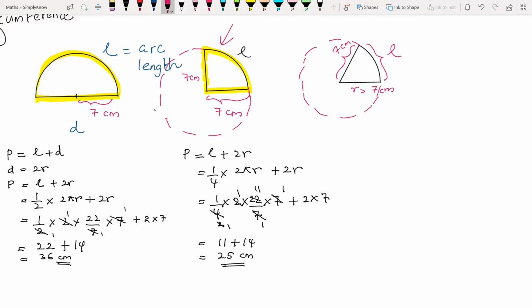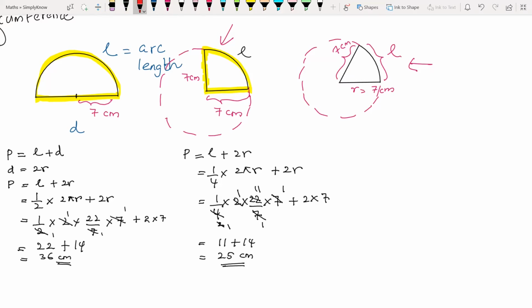But when it comes to this situation, it's a bit difficult for us to find the portion of this sector when compared to the full circle. But let's say if you're given the angle at this center here, then you can easily find out the arc length.